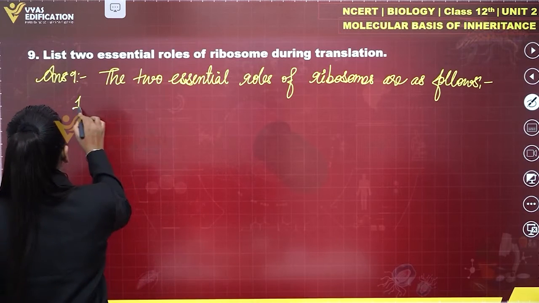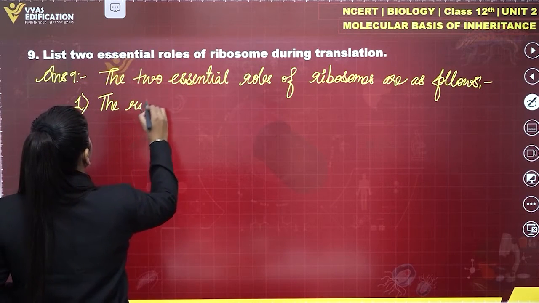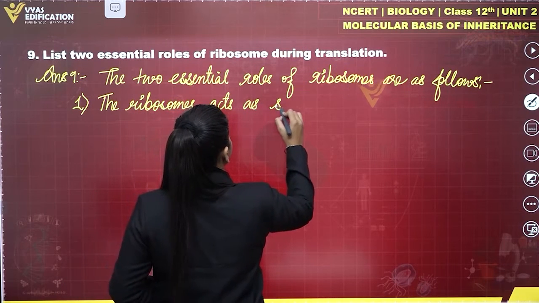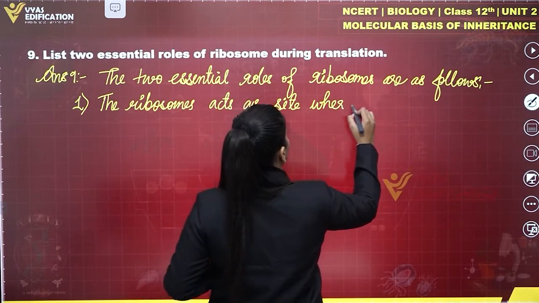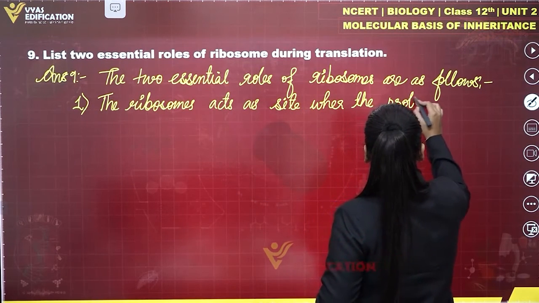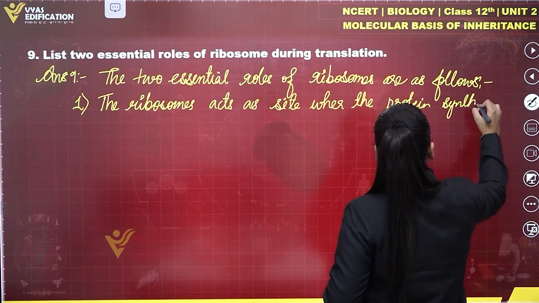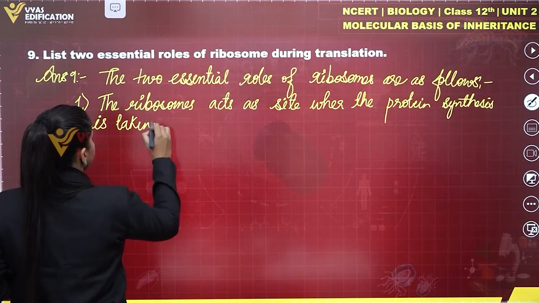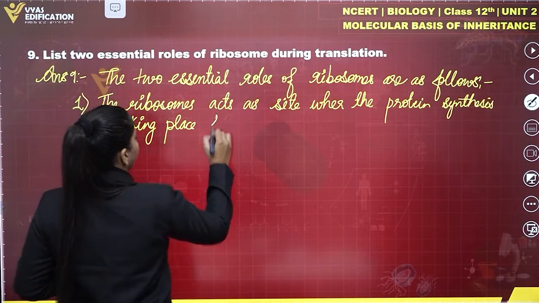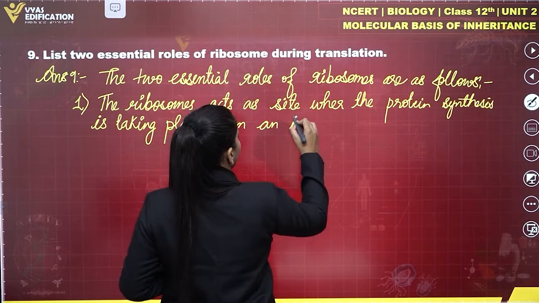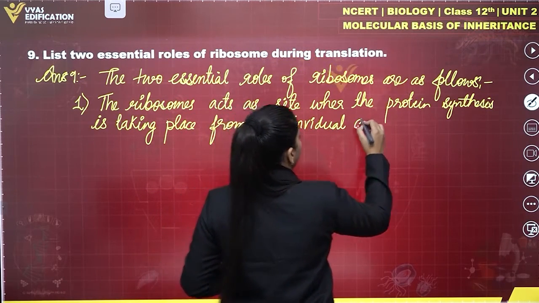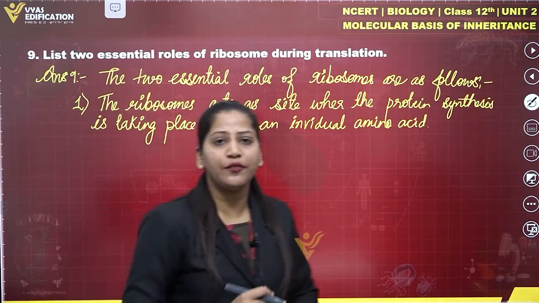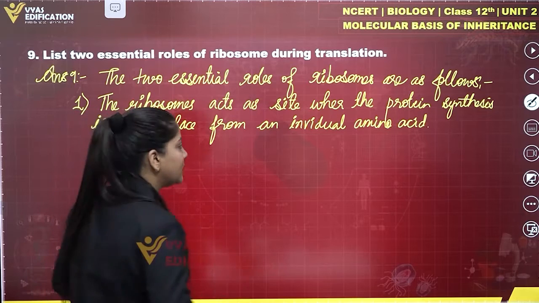The first function is that the ribosome acts as the site where protein synthesis is taking place from individual amino acids. So the first essential function or role of ribosome is to provide the site for protein synthesis.